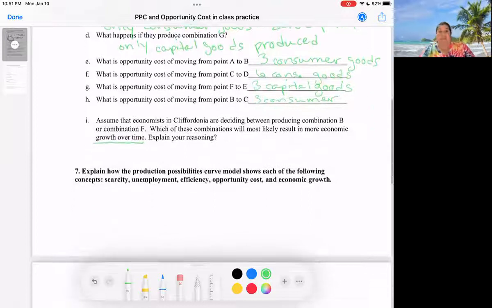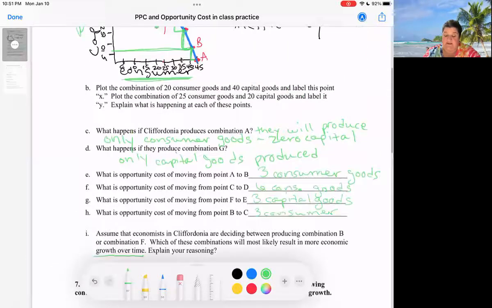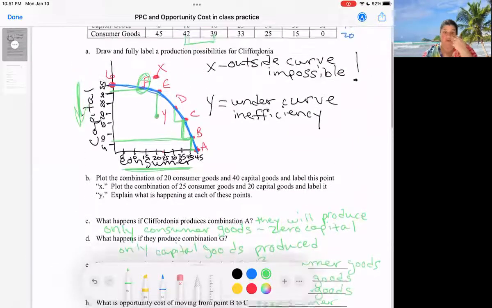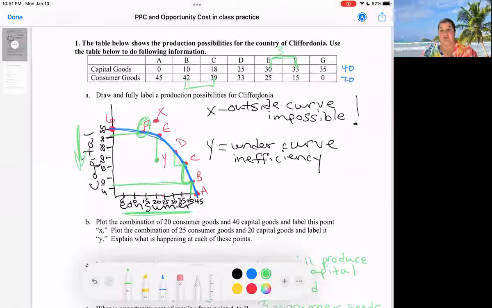Okay. Explain how the production possibilities curve shows each of the following concepts. Scarcity. Well, scarcity can be demonstrated on this curve because it shows you that there's a finite amount of resources. This point X out here, oops, I gotta keep Y. That point demonstrates for us scarcity because you cannot make that combination of goods.